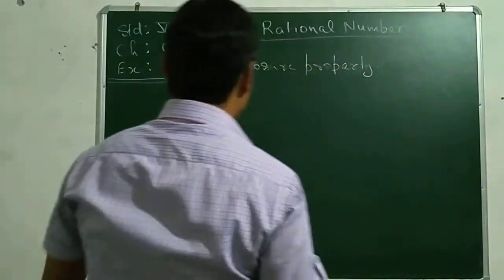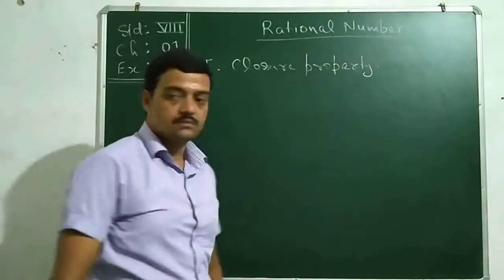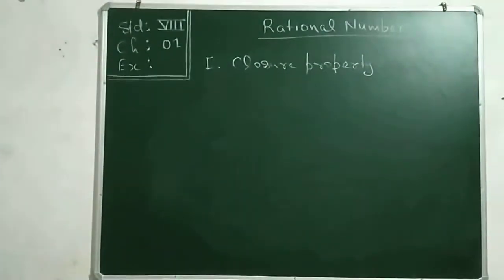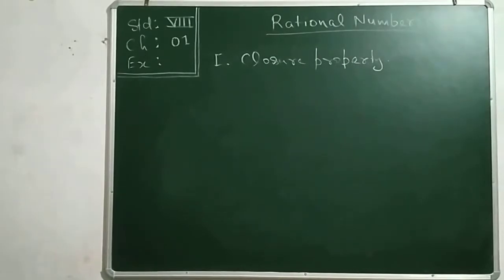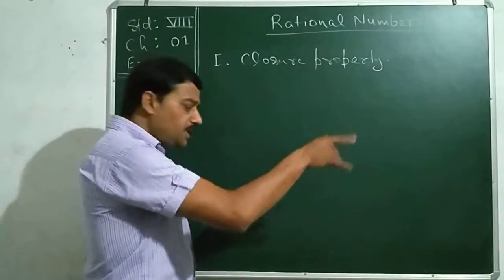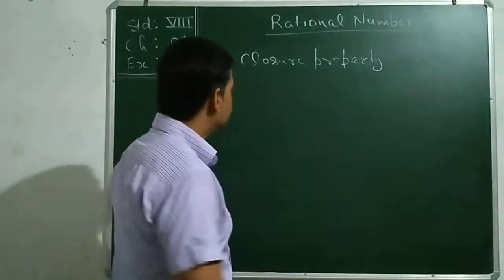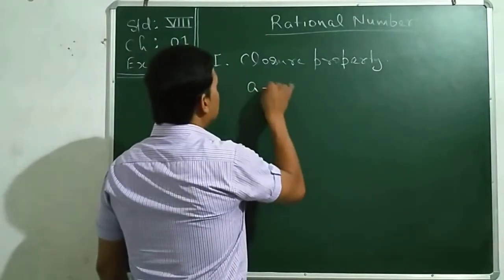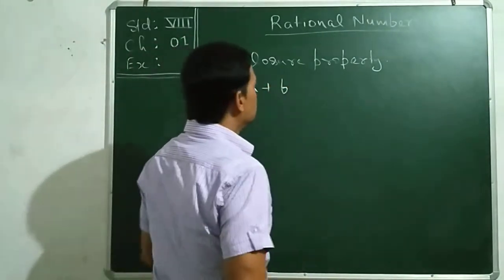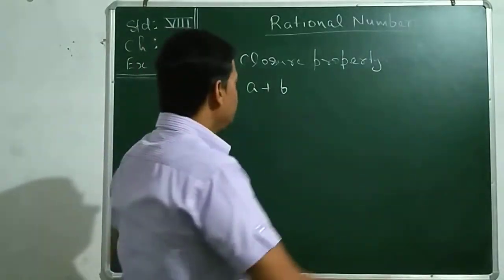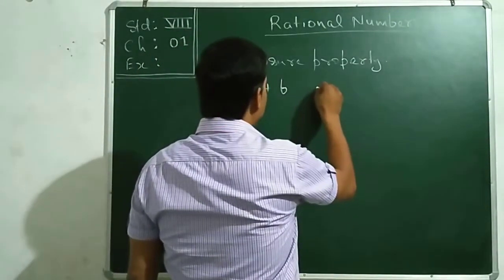About the closure property, say A and B are two rational numbers. Then the sum A plus B will also be a rational number.